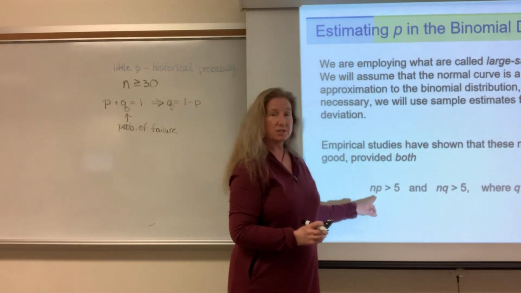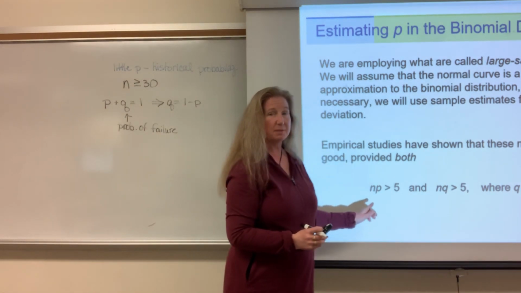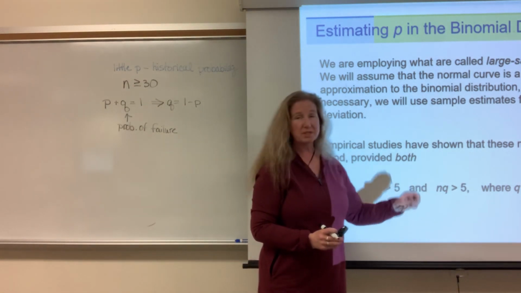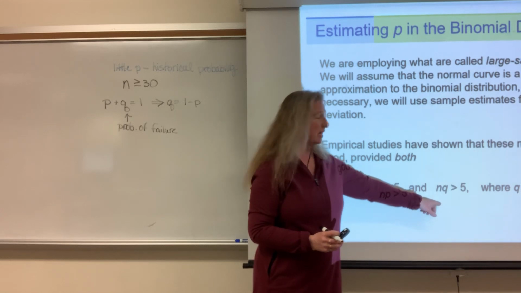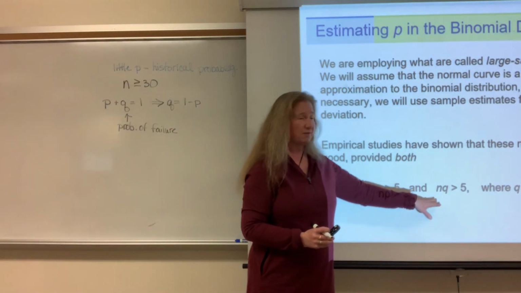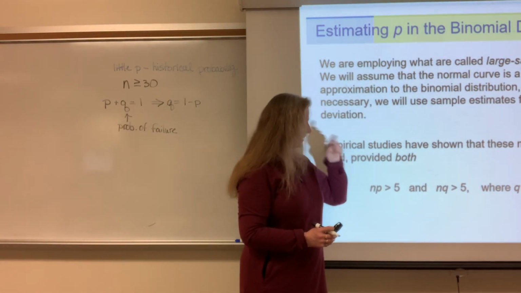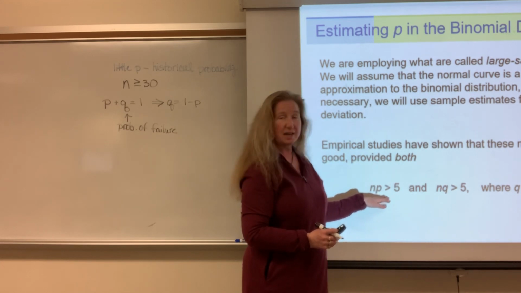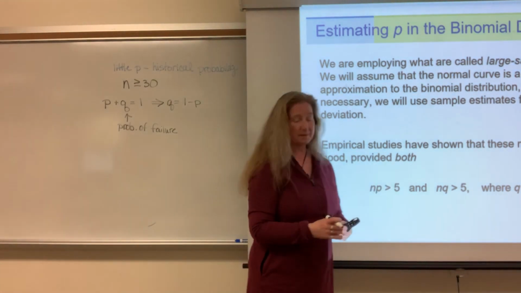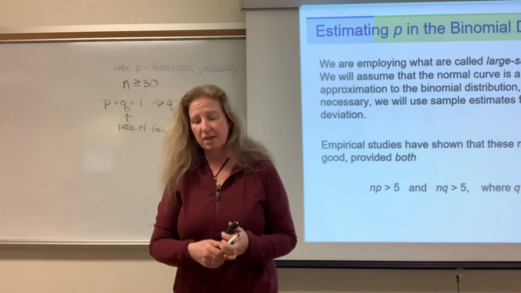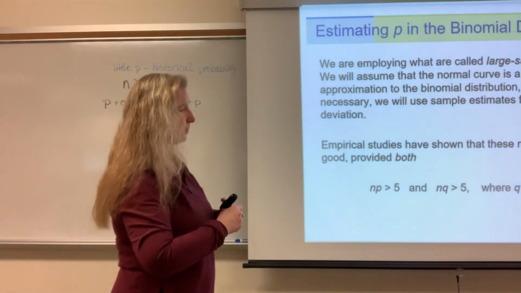Again, that changes what's required of n. If p were tiny, I'd need a bigger n. If q were tiny, I'd need a bigger n. So what this does is compensate for the fact that my sample size has to be adjusted based on the probability.